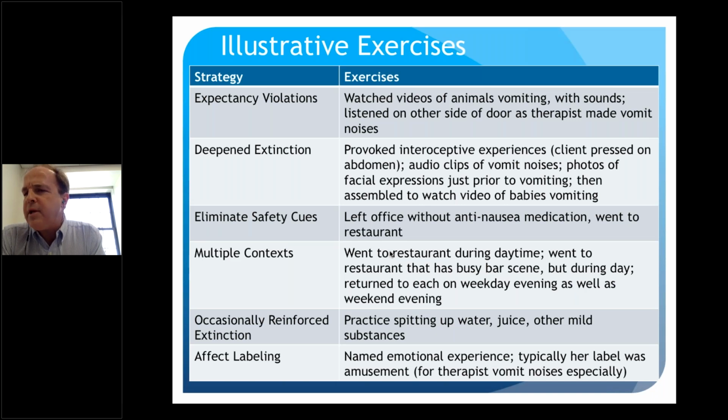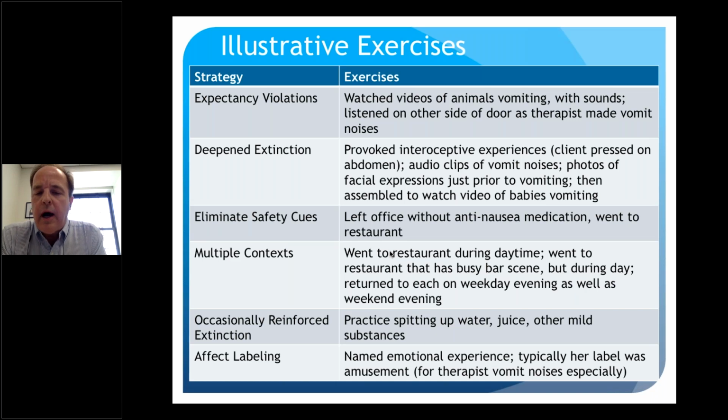Again, the risk of this happening is pretty low anyway, but nonetheless, it was something that she was acutely concerned with. So we practiced that, and she went to a restaurant that had a busy bar scene, but during the day, and then she returned to each of these on weekday evenings, as well as on weekend evenings.